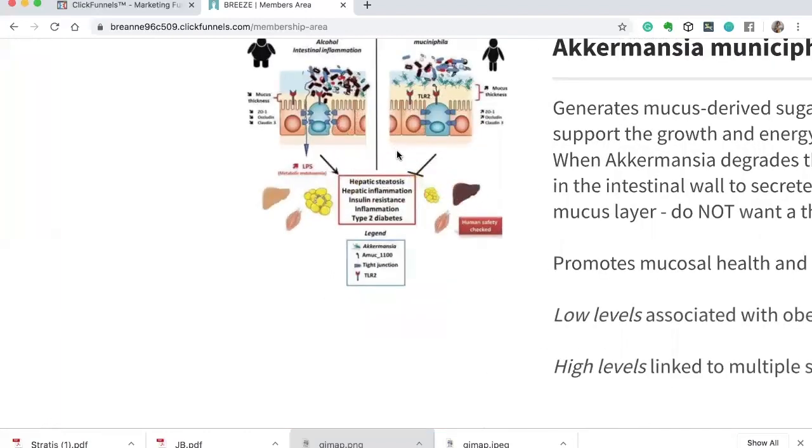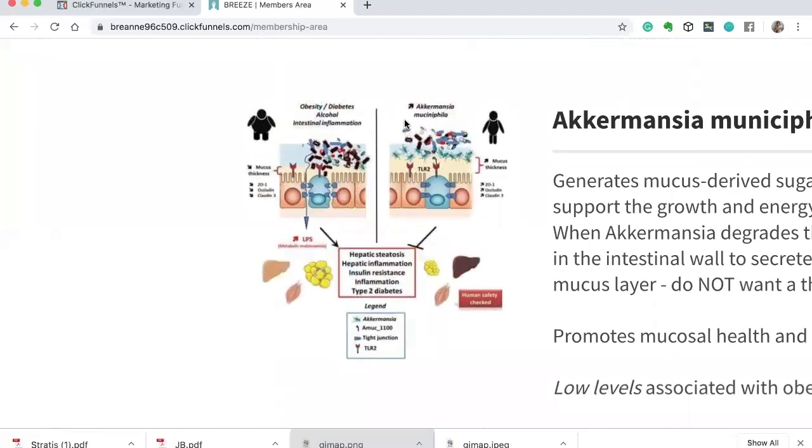So I'm wondering if I could zoom this in here for you to see. Again, our Akkermansia here is really helping to sustain this mucus membrane. Yes, it degrades the mucus membrane, but through the degradation process, it's going to stimulate these goblet cells to produce more mucus, so there's healthy turnover. If you have lower levels of Akkermansia, we're seeing obesity, diabetes, inflammation, possibly due to too much alcohol intake, the mucus levels decrease.